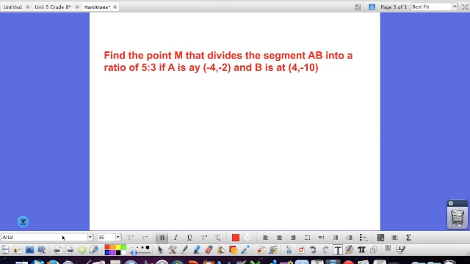So we're going to try this again. Find the point M that divides segment AB into a ratio of 5 to 3 if A is at -4, -2, and B is at 4, -10.